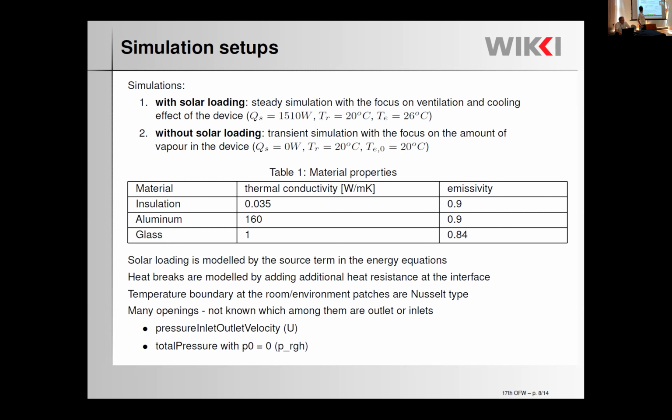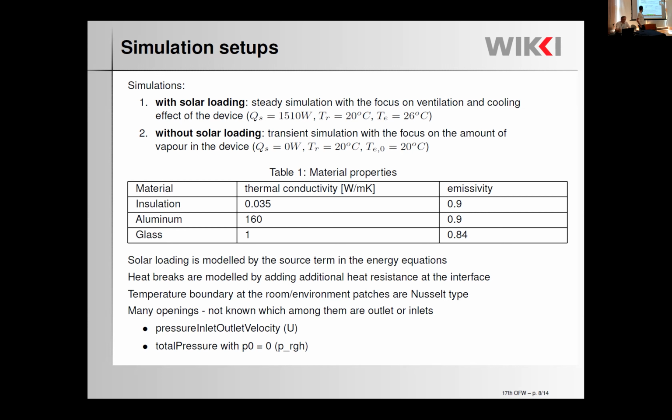In the table, you can see the materials and what properties we used. Basically what should be said is that the inlets and outlets are modeled in a way that differs from what people usually do, which is to specify inlets as fixed value and zero gradient of pressure.